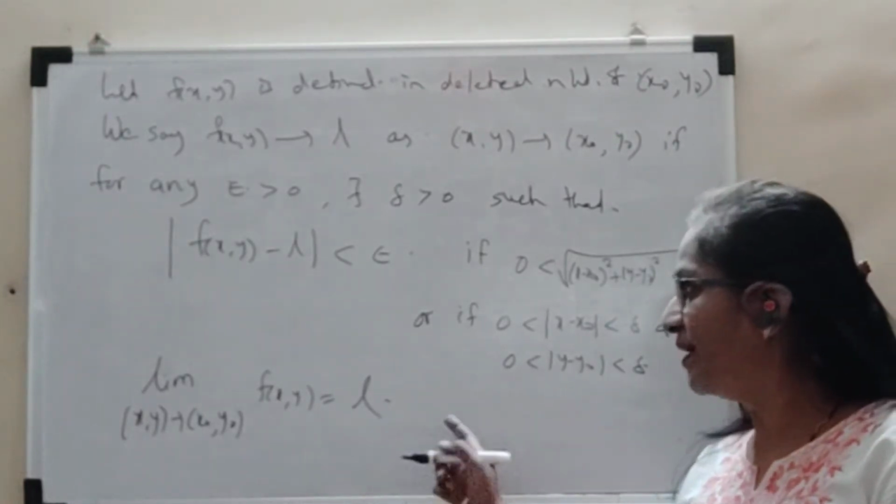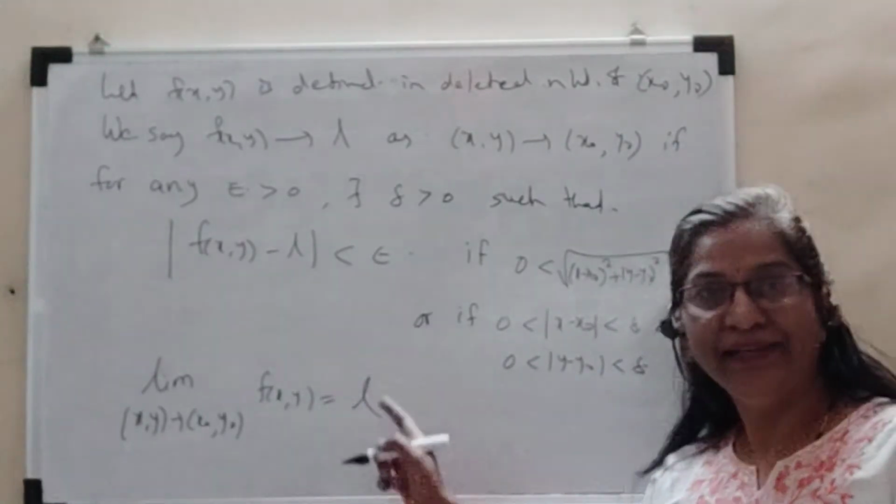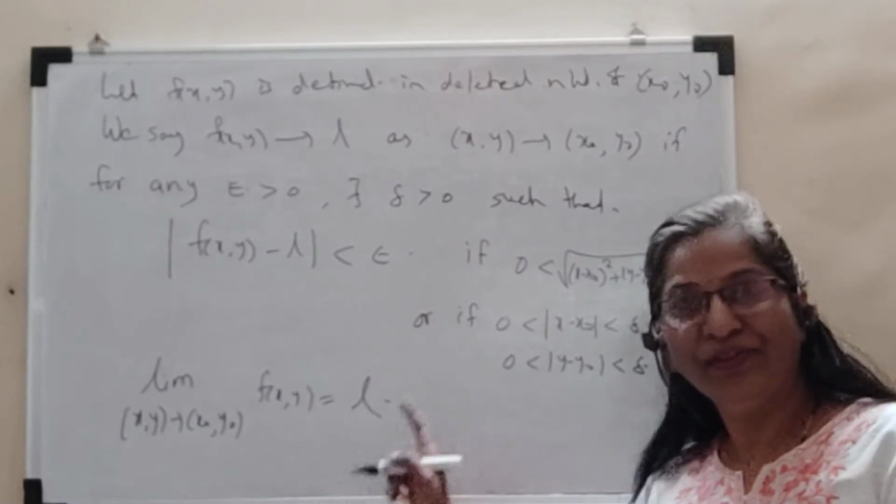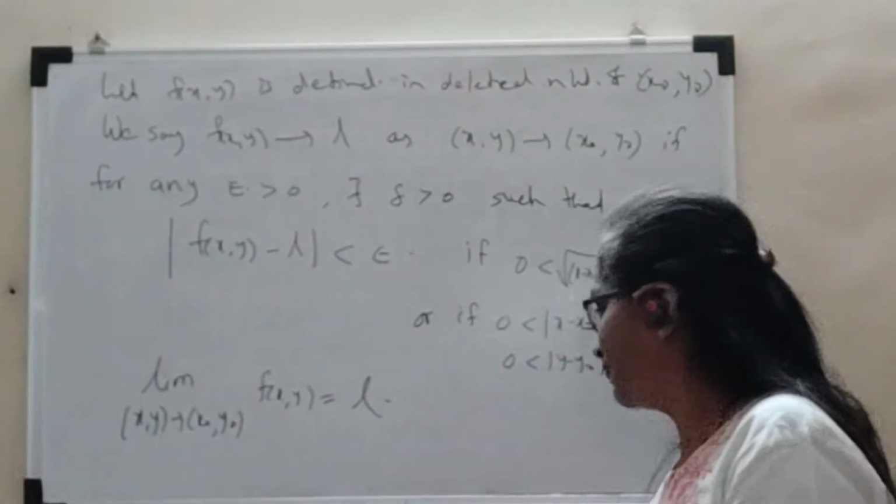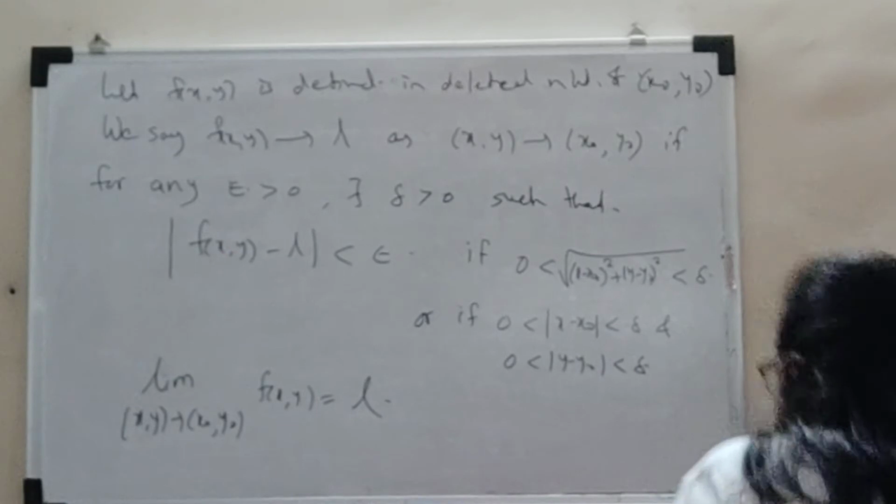Now we solve some examples and we find the limit by using the Epsilon-delta definition. So go to the example.